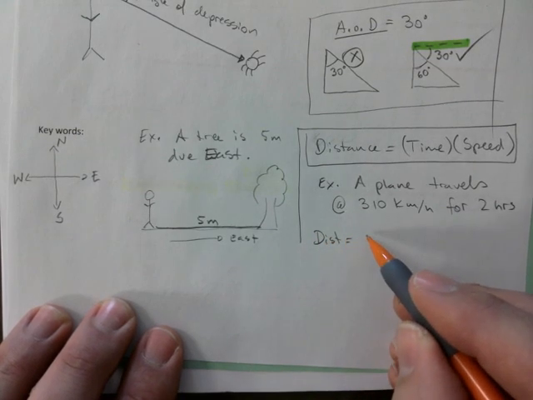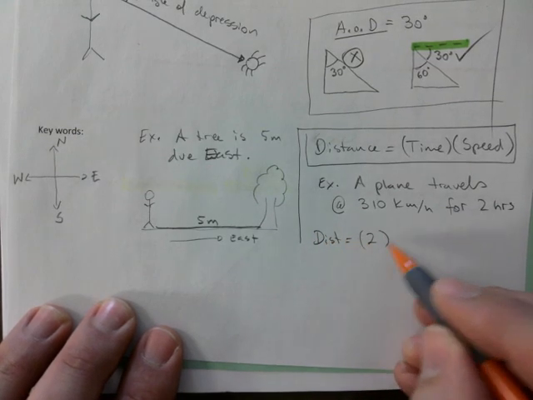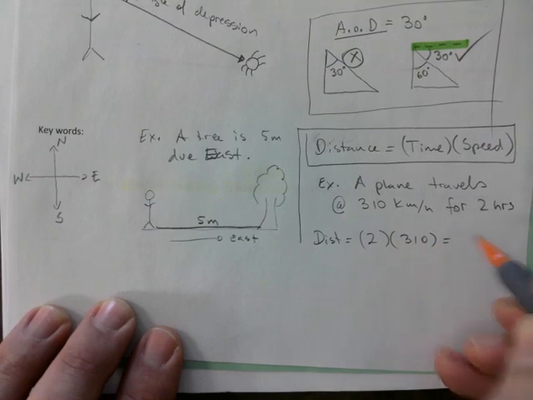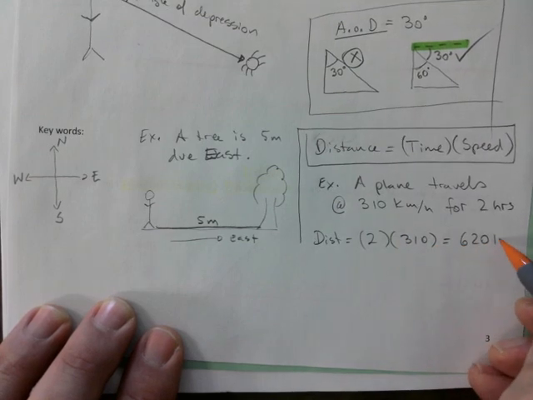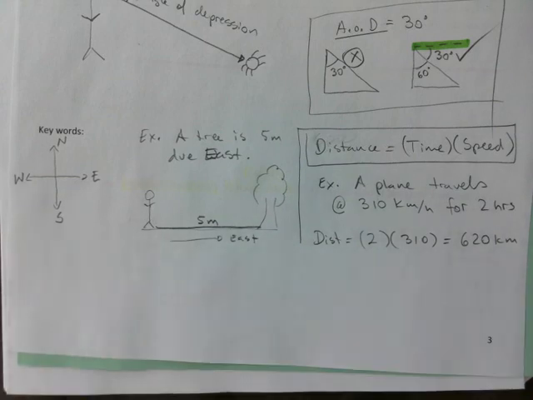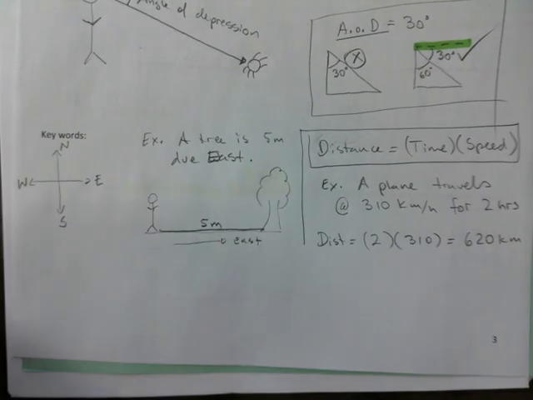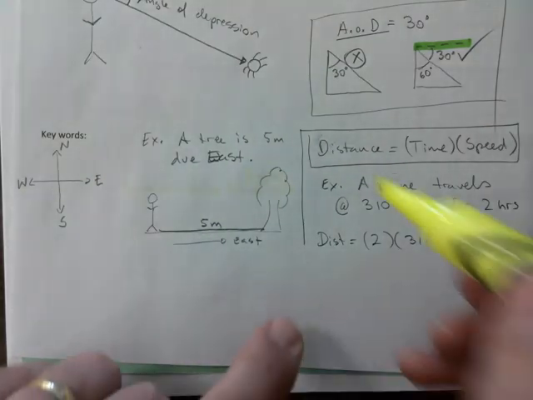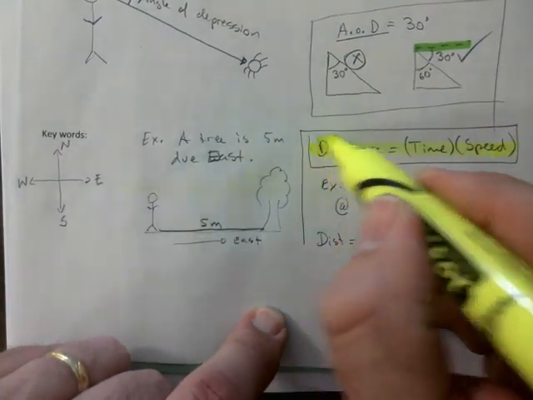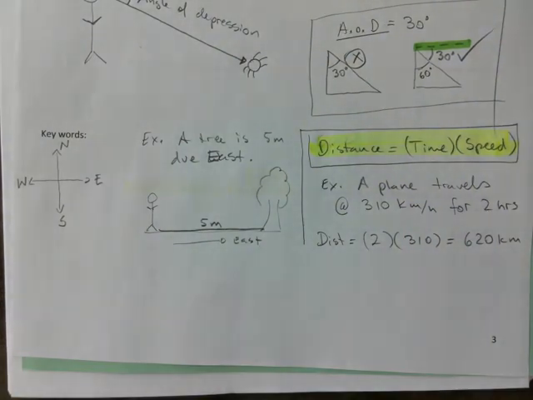Distance is going to be 2 hours times 310, and that's 620 kilometers. Could be miles, could be whatever. So that is important, actually. It doesn't show up very often, but it does show up from time to time. That one right there is how you deal with speed, if speed is given.